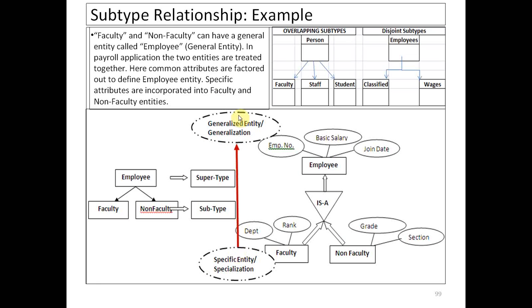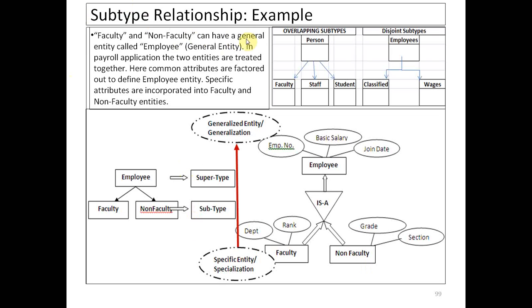That is, we can do a generalization on the way up by putting attributes of faculty and non-faculty inside the employee table and then using a discriminator column to identify whether a particular instance of employee is faculty or non-faculty. Or else one can roll down the common attributes of employee and duplicate them into faculty and non-faculty employee and have specialized entities created.